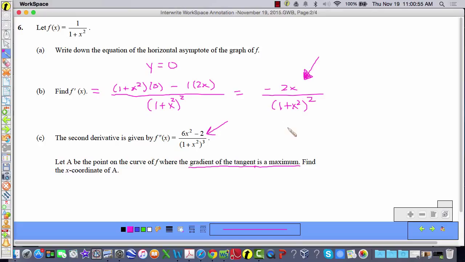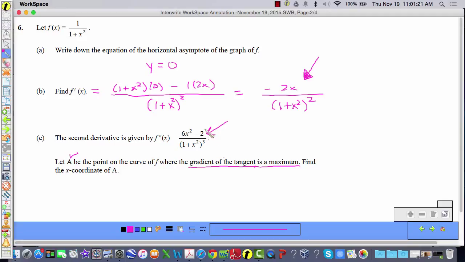And again, to find a maximum, I take the derivative of whatever function and then use it to find a maximum. And they've already done that for us. They tell me that A is the point on the curve of f where the gradient of the tangent is a maximum. Find the x coordinate of A. Well, that's going to occur at a critical point when this is equal to 0.